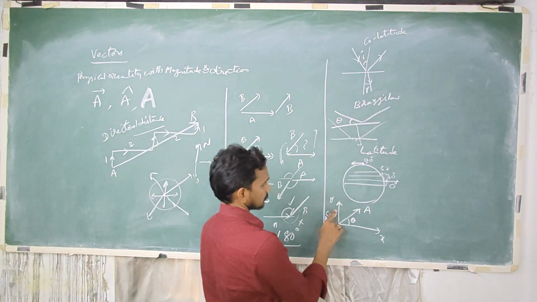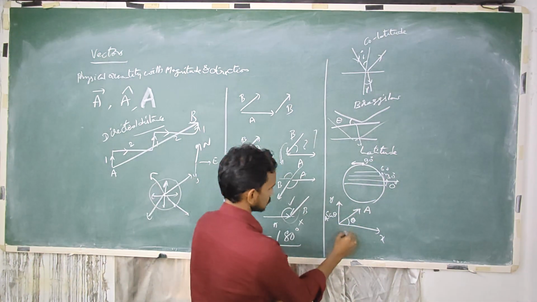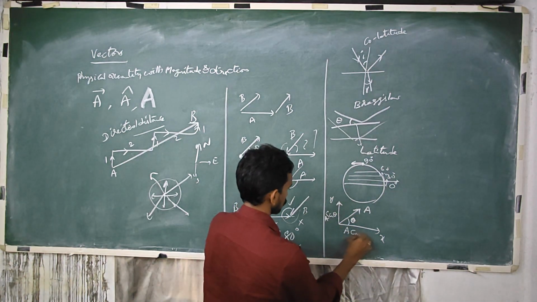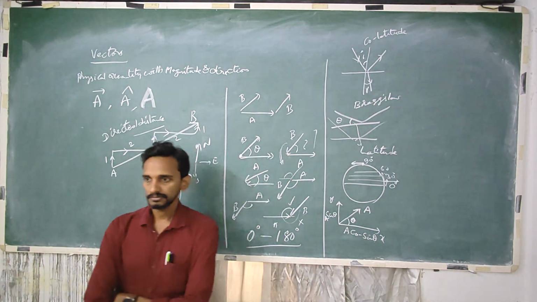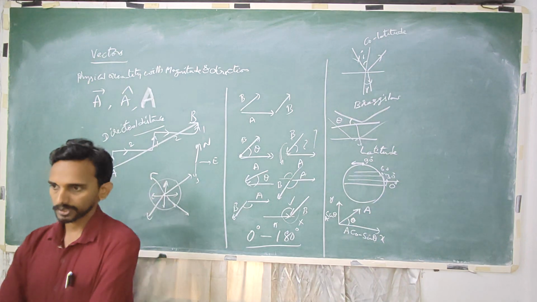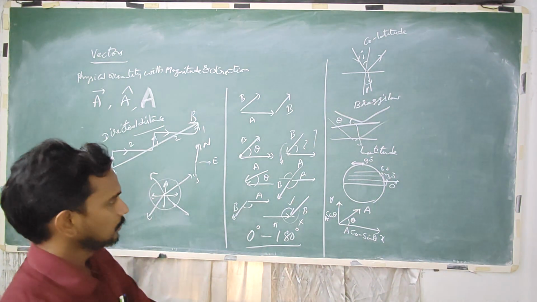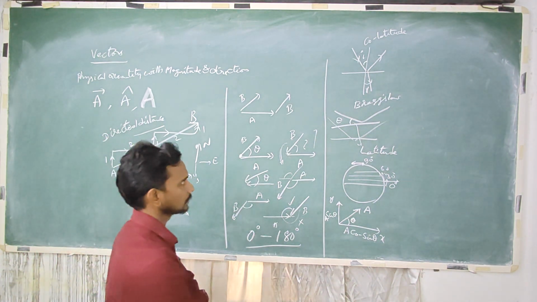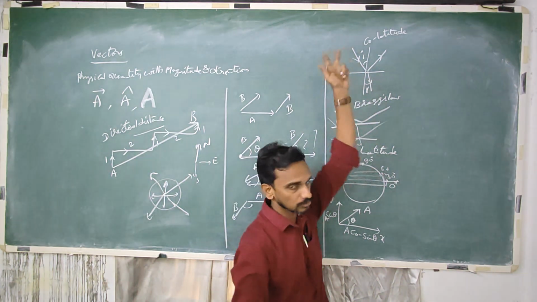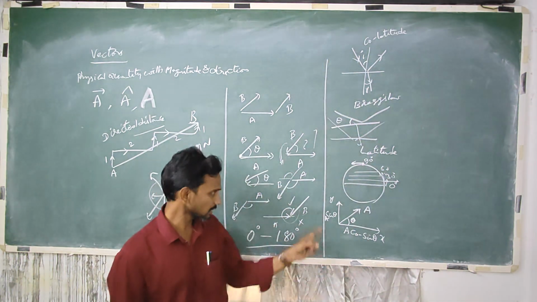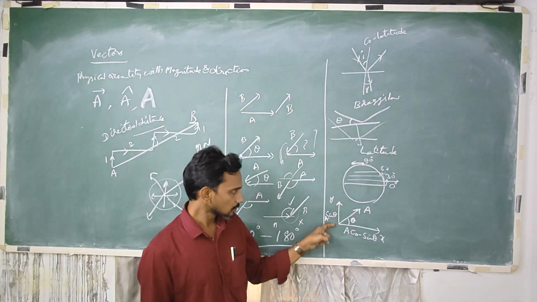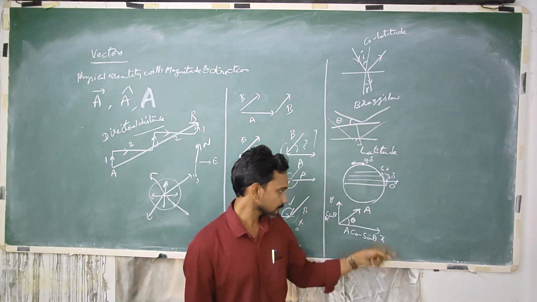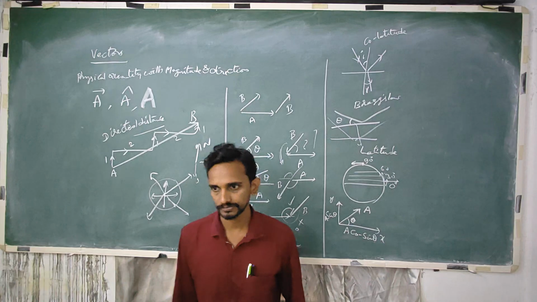And the component perpendicular to that is given by A cosine theta. Okay. So the same as latitude and co-latitude. So here sine theta is the normal component and cosine theta is the tangential component here.